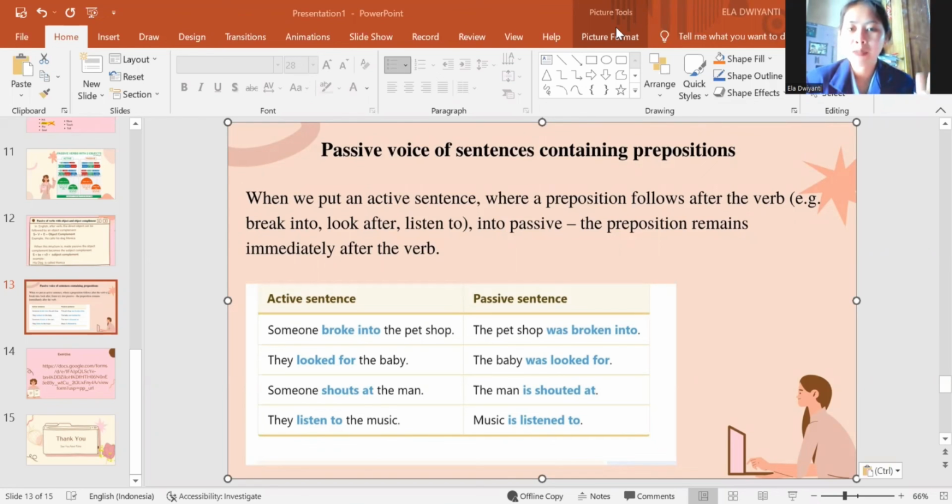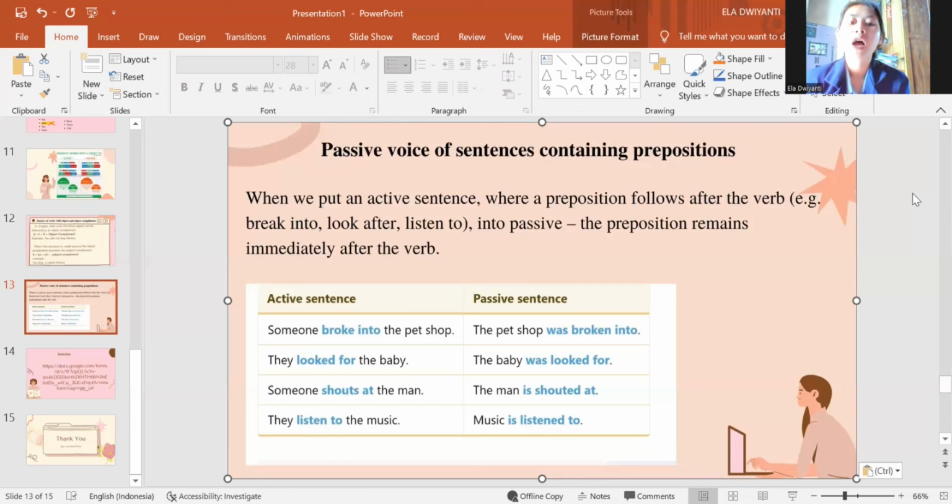The last is the passive voice of sentences containing a preposition. When we put an active sentence where a preposition follows the verb, for example break into, look after, listen to, in the passive the preposition remains immediately after the verb.